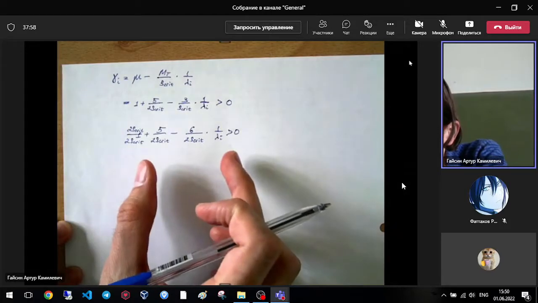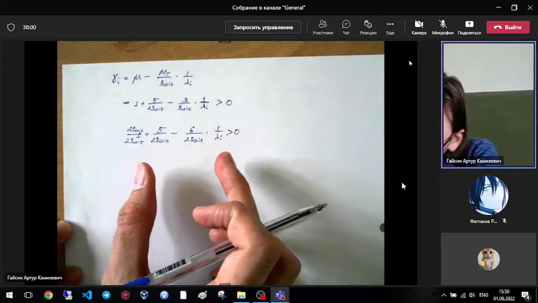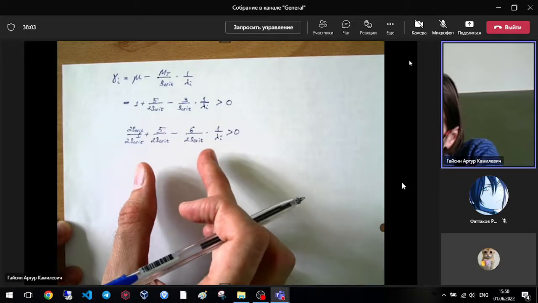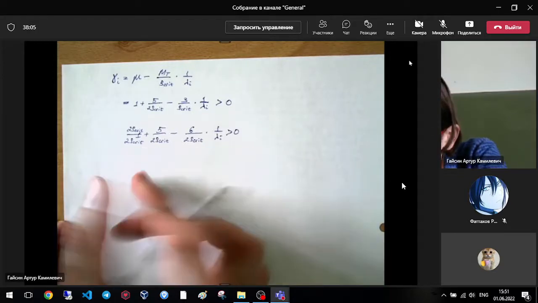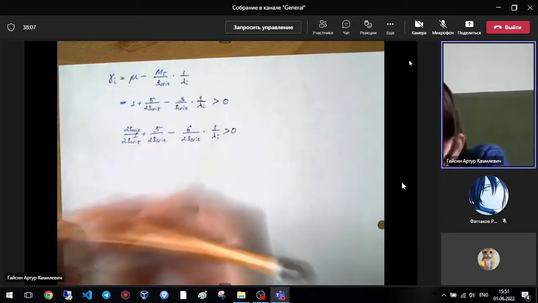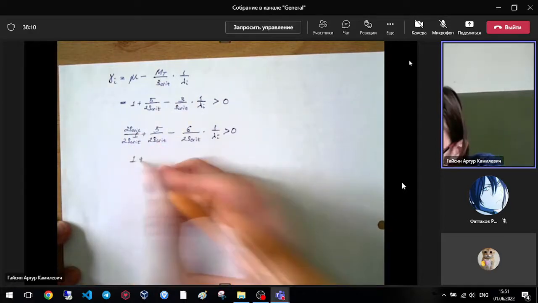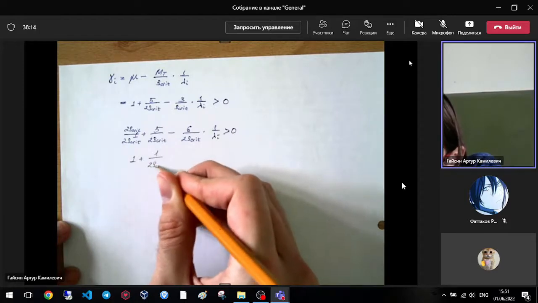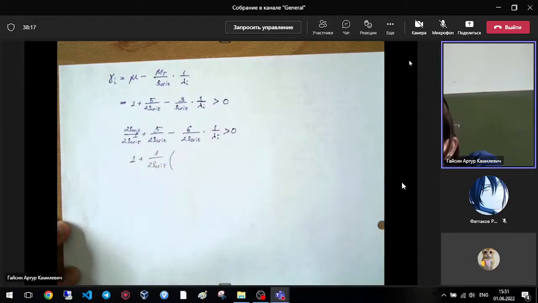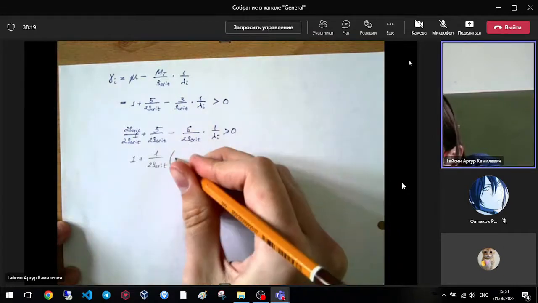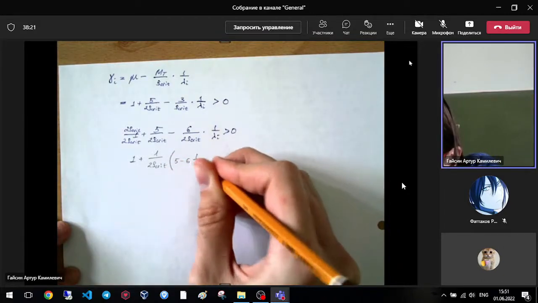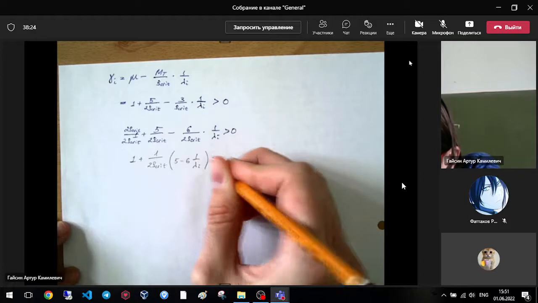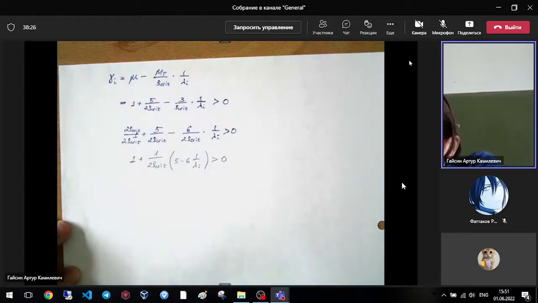And if we multiply, maybe let me write it by pencil to see it first. If we move this one outside of the braces, what we have here is 5 minus 6, times 1 divided by lambda I. What next?